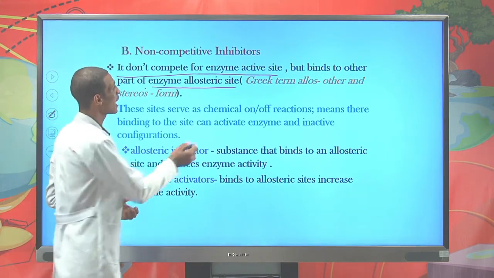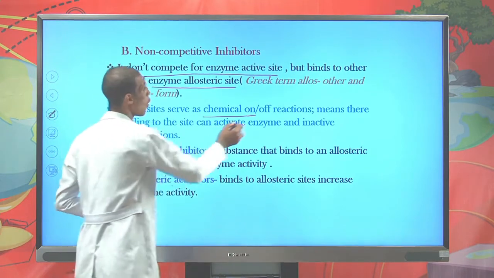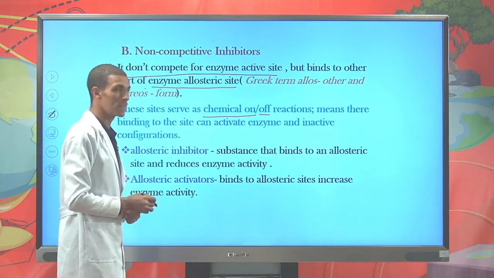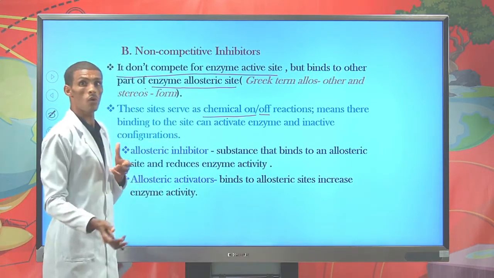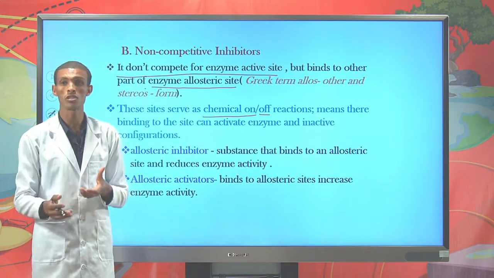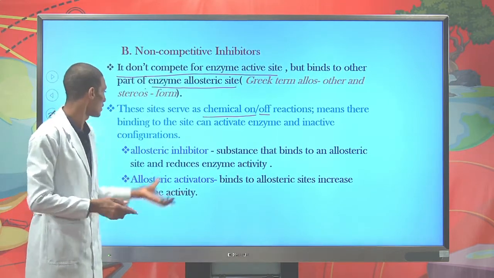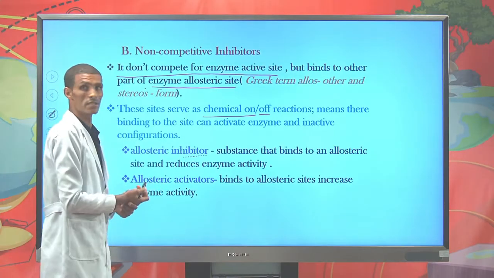It means it can activate the enzyme's catalytic activity, or it can deactivate or reduce the enzyme's catalytic activity. Over the allosteric site, there is an off system and again an on system. For example, if an inhibitor is added to the allosteric site of an enzyme and increases the rate, if the rate increases, we call it an allosteric activator.